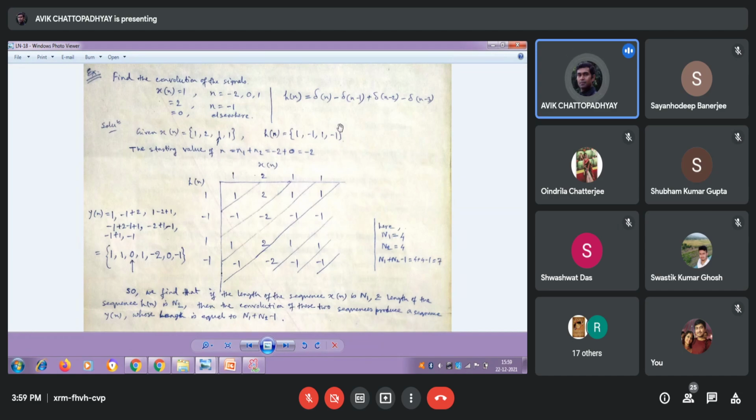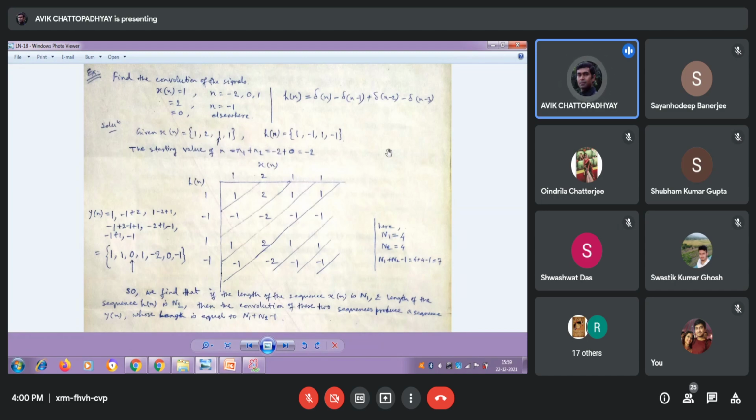There is no necessity that it should always start from 0, because some of the elements are there for negative values of n. So the trick to find the leftmost element position of the convolved signal is to add n1 plus n2.